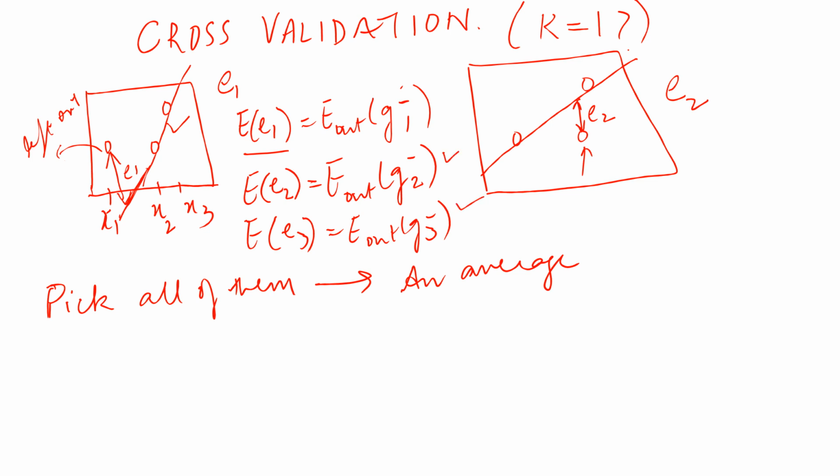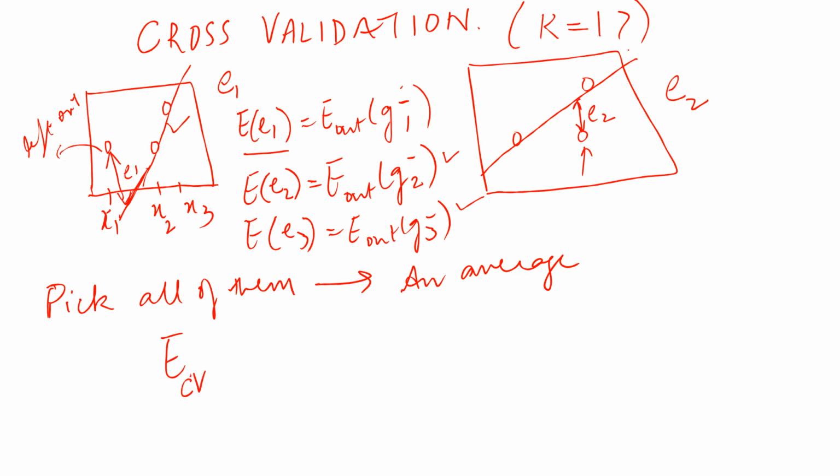They differ from my original G, which would be calculated on the entire data, and they also differ from one another. If we take each of these errors calculated on their own, they might be wild, they might not be as good. But if we take the average, we can cancel out this wildness, right? That's the fundamental idea behind the cross-validation error.